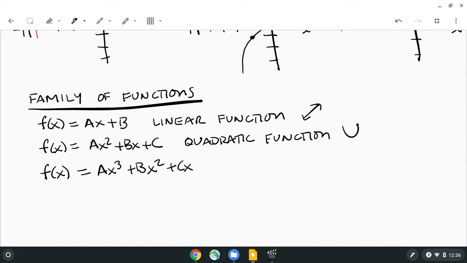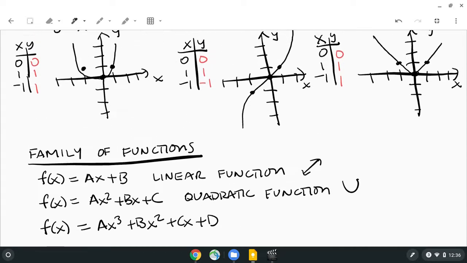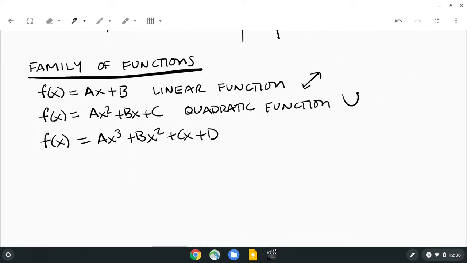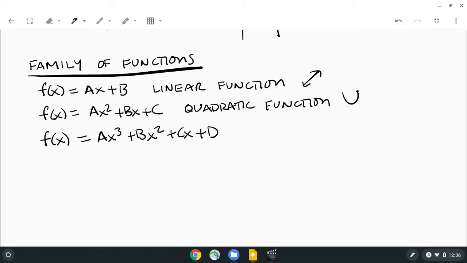So what we're going to be doing is looking at these parent functions. We've already looked at x squared and x cubed up there, and this is just another way to write them. However, we won't be looking at them in this form, which is standard form, but we will be looking at them.